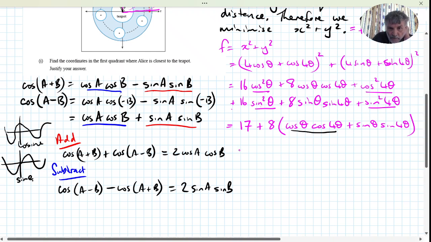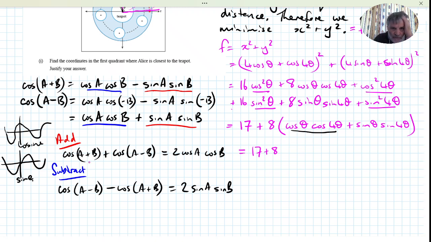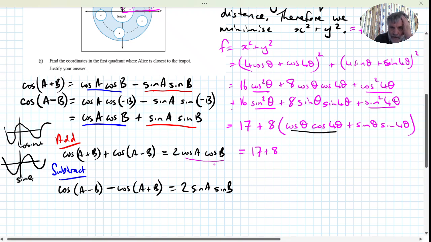So back to our working proper, we've got 17 plus 8, I'll leave that out, cos theta cos 4 theta, that's this one. So that's going to be half of this.